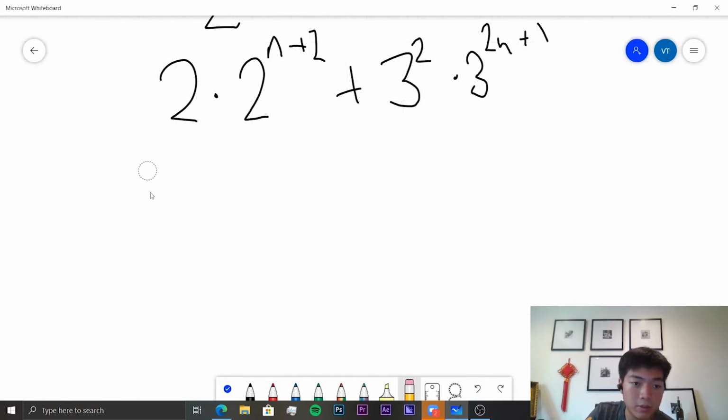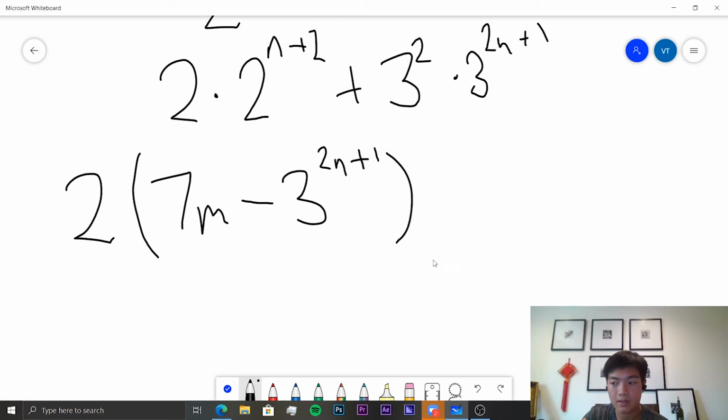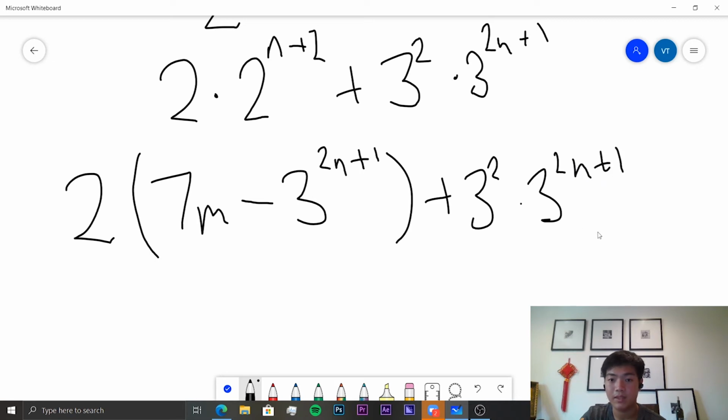So we have 2 times 7m, where m is just any number, minus 3 to the 2n plus 1, plus 3 squared times 3 to the 2n plus 1 is equal, and then we have, therefore, 14m.